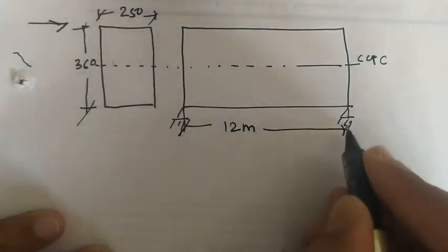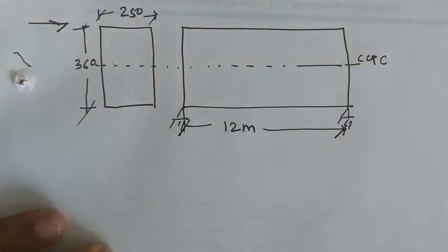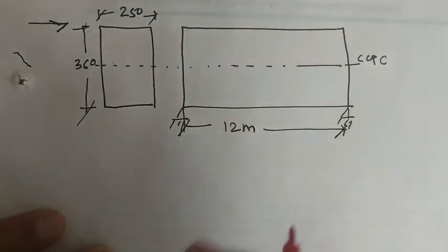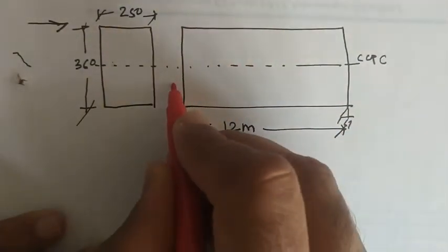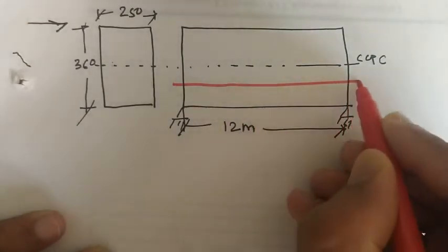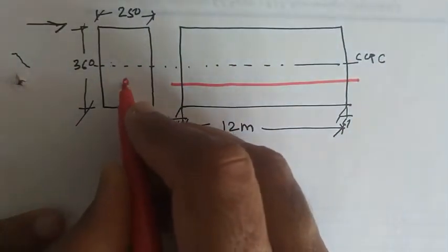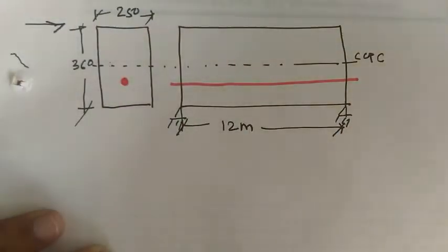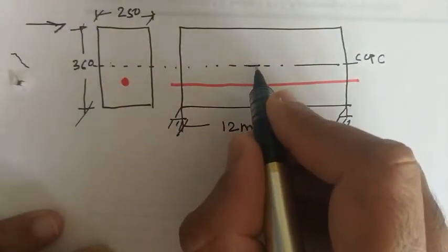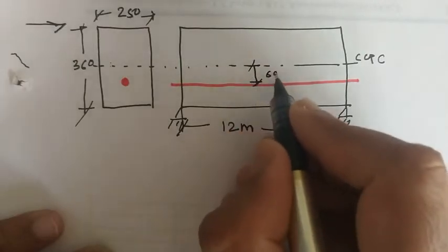The tendon is having a constant eccentricity of 60 mm. That means the tendon is straight, with a constant eccentricity of 60 mm.